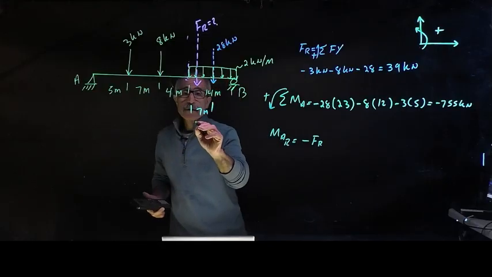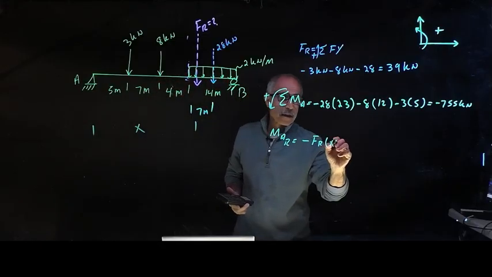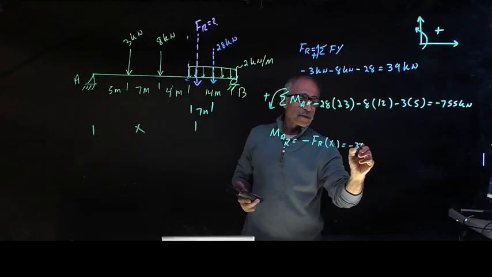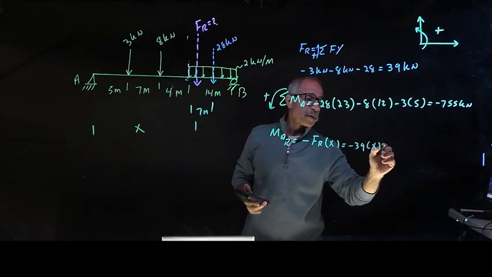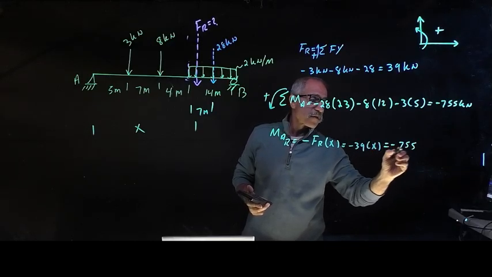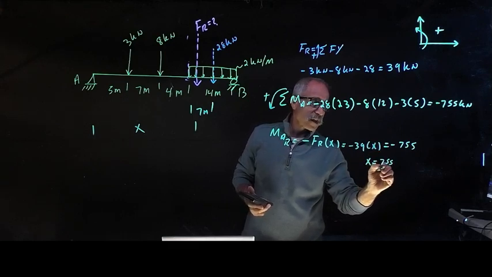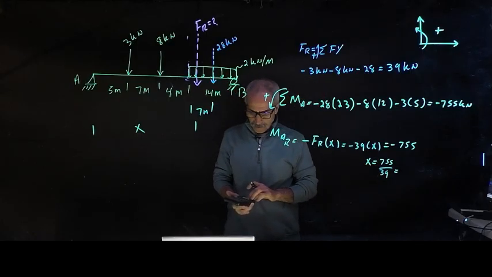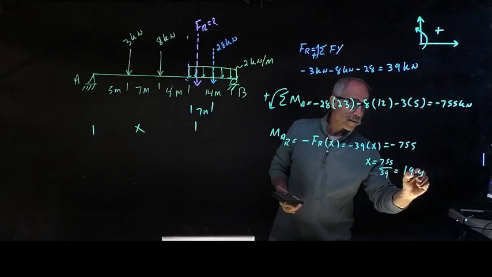I don't know what this distance is, so I called it X. But I know FR came out to be 39, so minus 39 times X. And that really should come out equal to the same as over there, which is minus 755. Minus cancel each other out. So X is equal to 755 divided by 39, which is 19.4 meter.